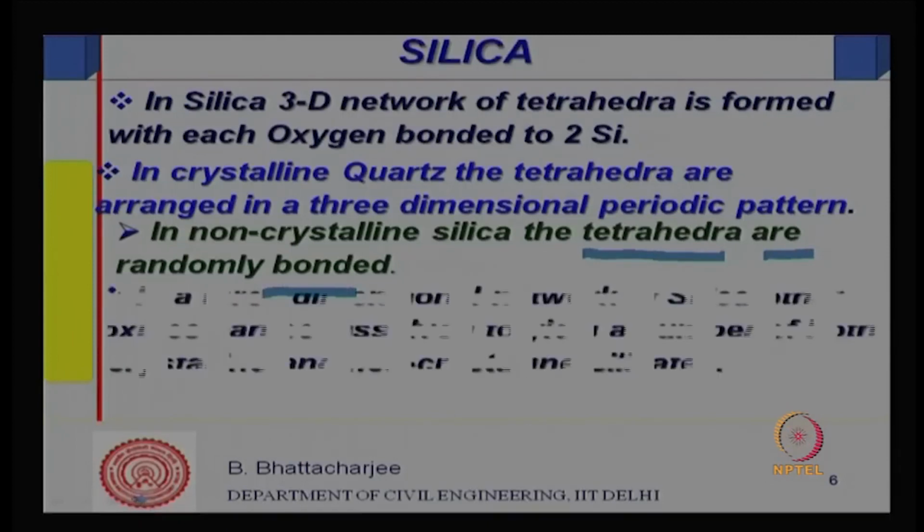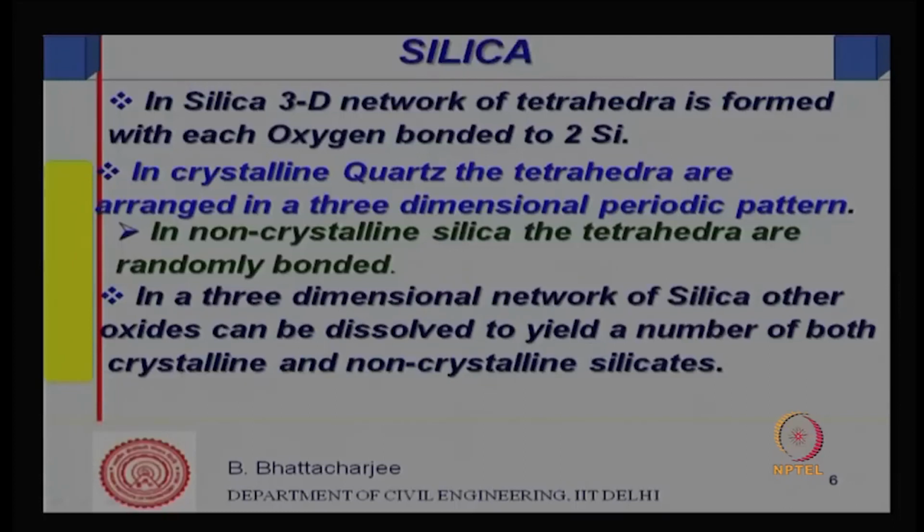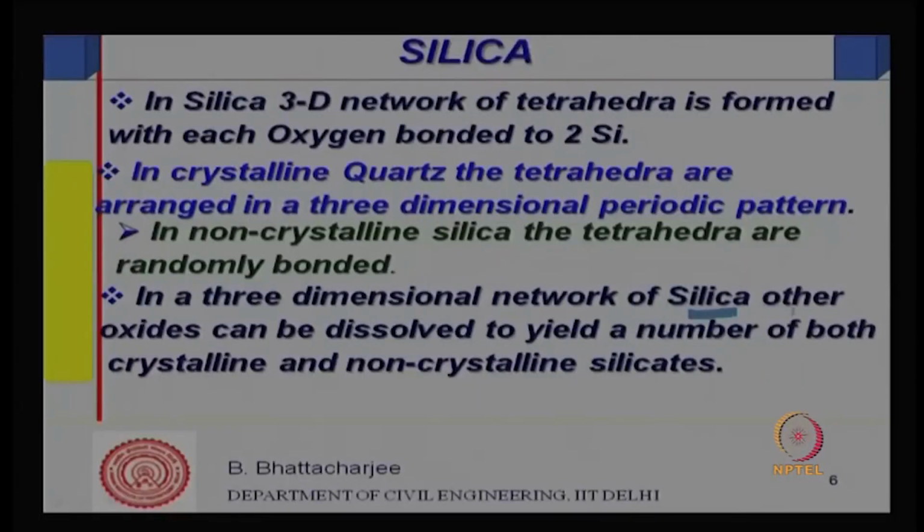Now, in cements, basically silica can combine with other oxides. In 3-dimensional network of silica, other oxides can be dissolved to yield number of crystalline and non-crystalline silicates.